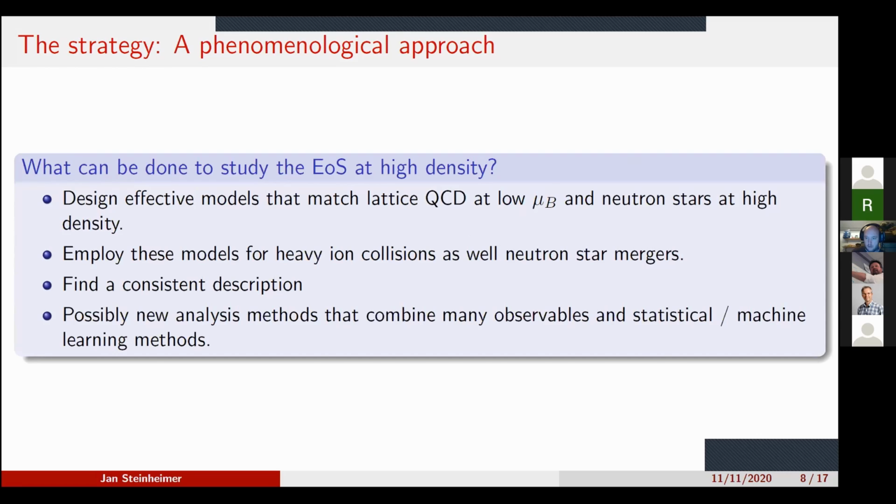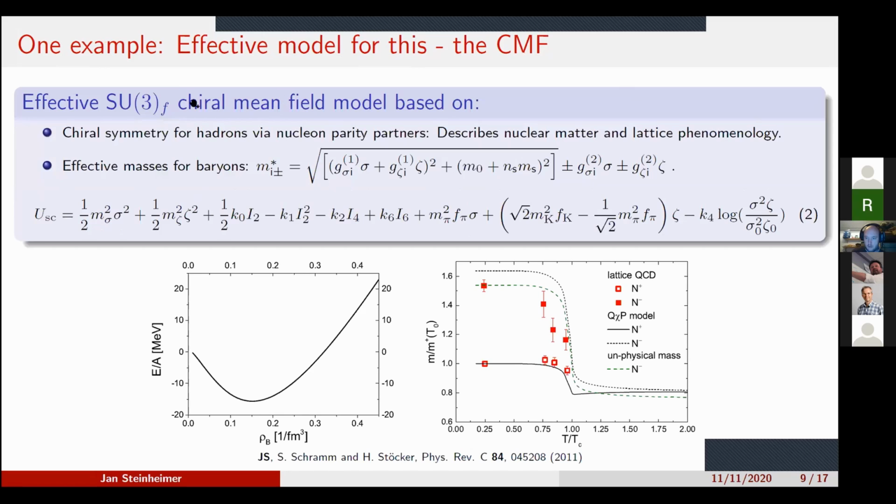The example I'm going to talk about today is the chiral mean field model. It's an SU(3) flavor chiral mean field model, and it's based on several concepts. One is that chiral symmetry for hadrons is realized through parity doubling.